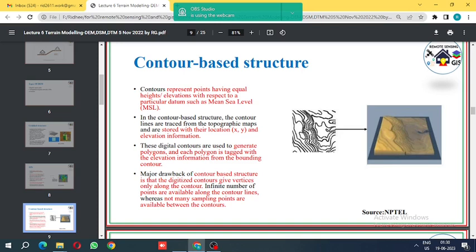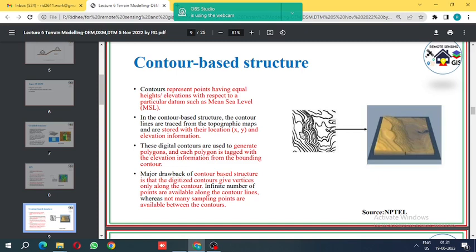So in case of DEM, where there is elevation, there can be places which have the same elevation. So contour will join the points having the same or equal height, and it will draw them like that.